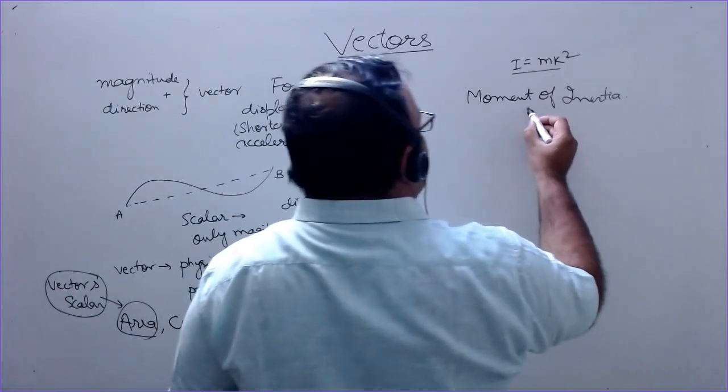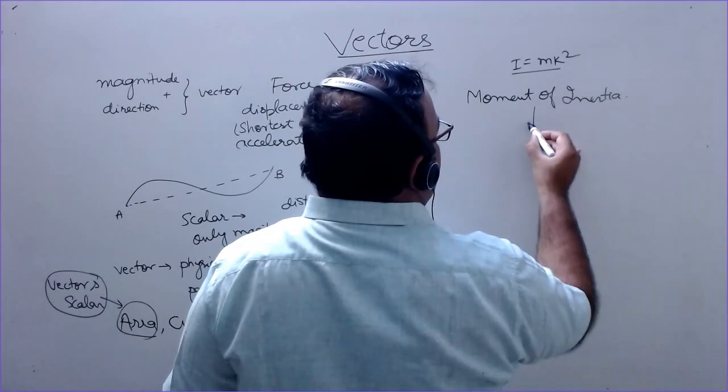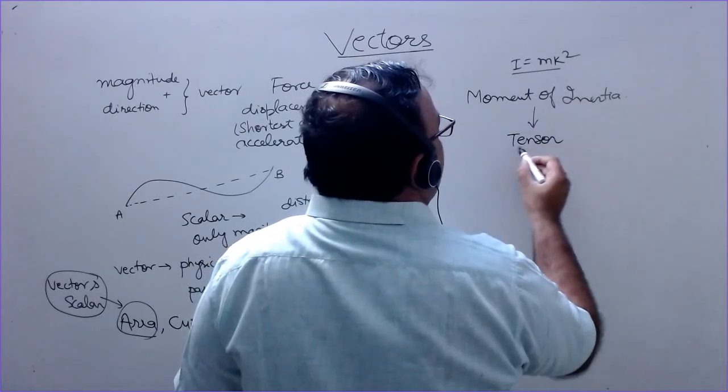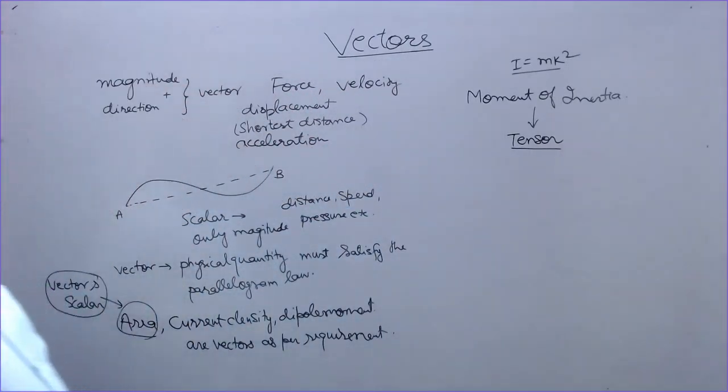So it is neither a vector nor a scalar, so this is a tensor. Physical quantities which are neither vector nor scalar are called tensors. It can be written in the form of a matrix. Its components in different directions can be written in the form of a matrix, and we find the rank of that matrix. Whether a physical quantity is a vector or a scalar depends upon the rank of that matrix.